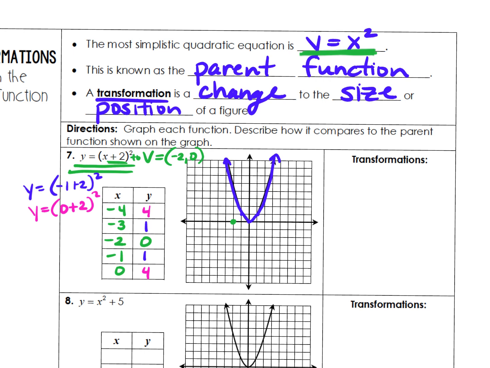If you graph that, you have -1, 1, and 0, 4. 1, 2, 3, 4. If I reflect those, it ends up looking like this. Tell me what happened to the parent. What happened to that blue to become the pink?